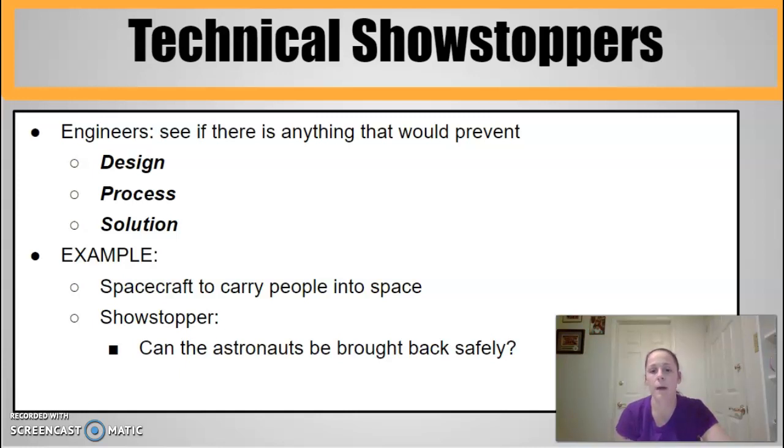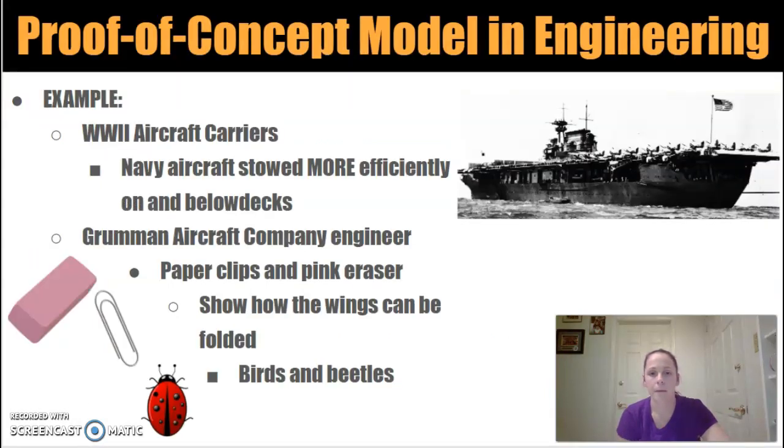So an example of that technical showstopper might be that they're designing a spacecraft to carry people into space, and one of the showstoppers would be, can the astronauts be brought back safely? So they would design a proof of concept model to test that.